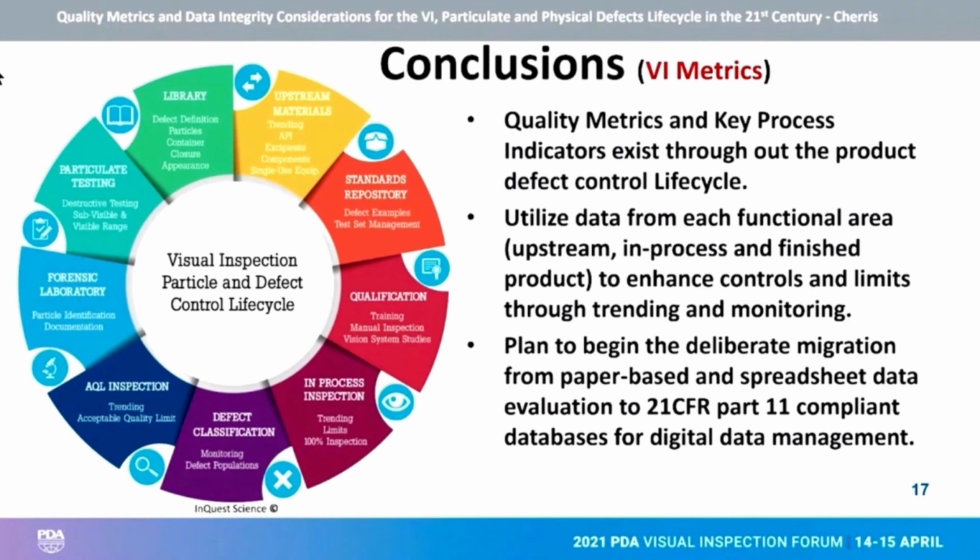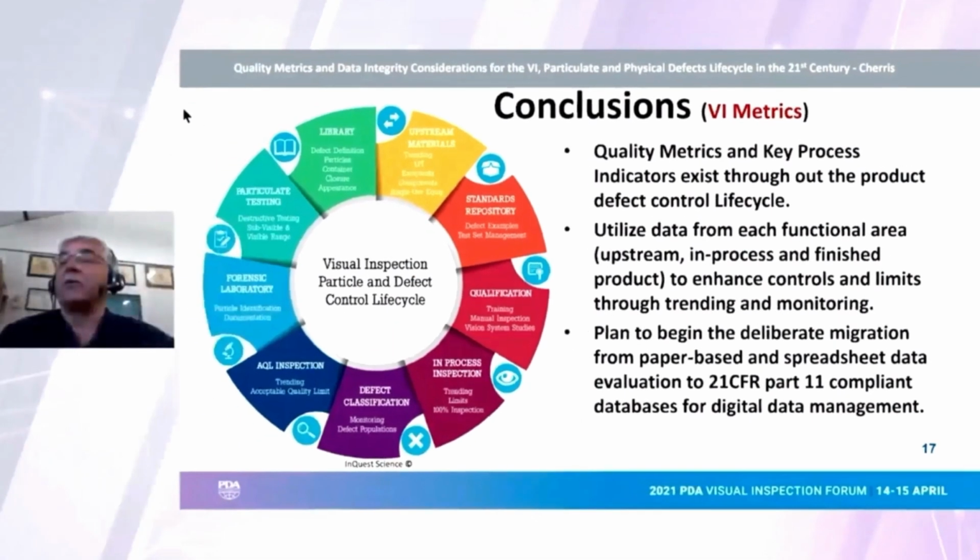Plan to begin the deliberate migration from paper-based and spreadsheet evaluation to 21 CFR Part 11 compliant databases for digital management of your data. And this integrated data is essential for you to keep control in the 21st century.